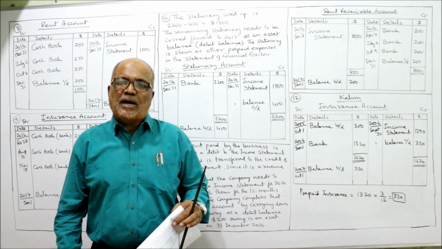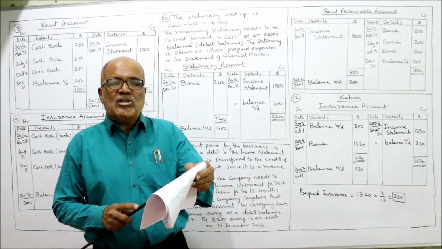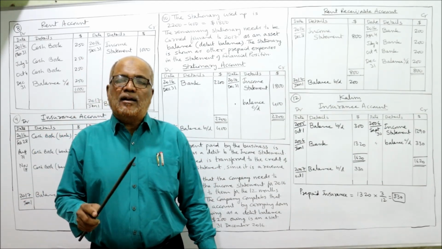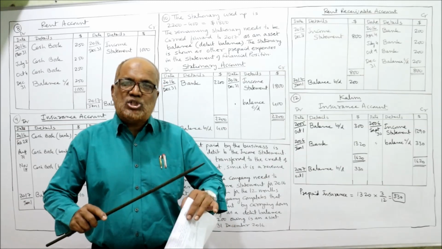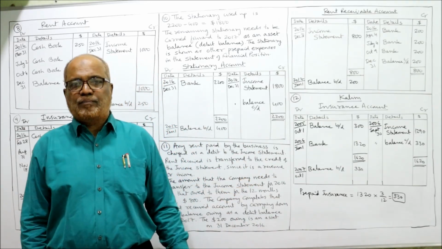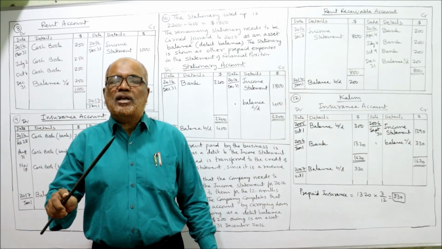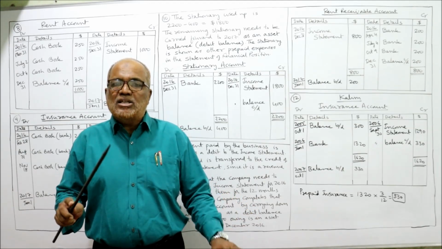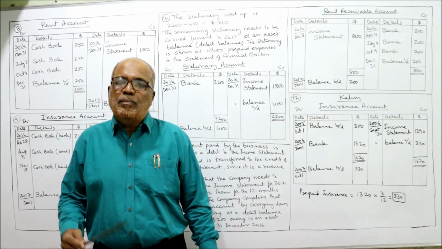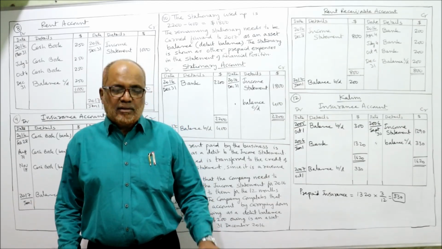This is the stock of stationery at the end of the year. So how much is used? 2,200 minus 400, $1,800. $1,800 worth of stationery was used, and that only will be charged to the income statement. So in income statement expenses, we will take stationery 1,800, and the 400 worth of unused stationery will be taken in the statement of financial position, right?